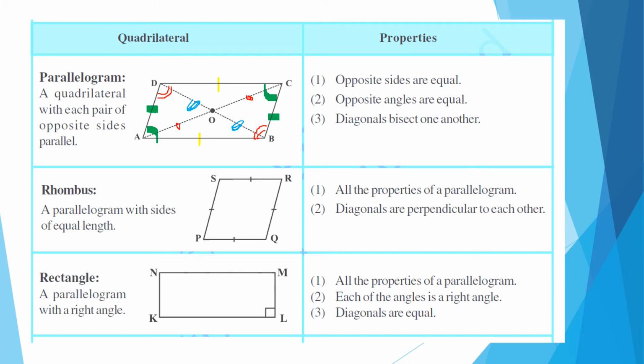They are supplementary because you have studied that in parallel lines, the co-interior angles are supplementary. So in the same way here, angle B plus angle C are co-interior angles for the lines CD and AB.